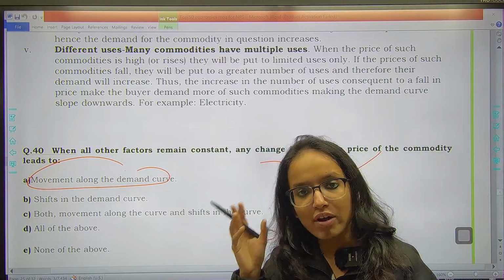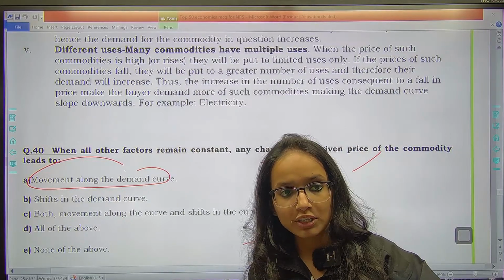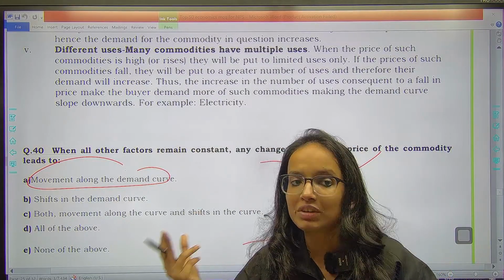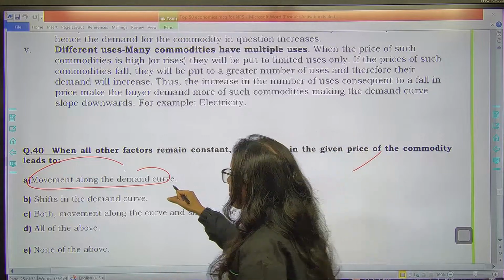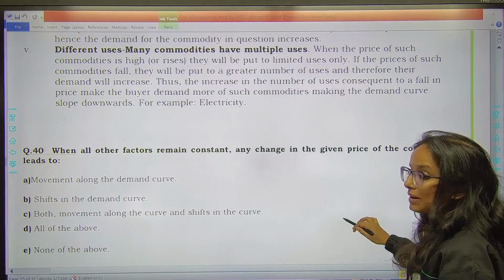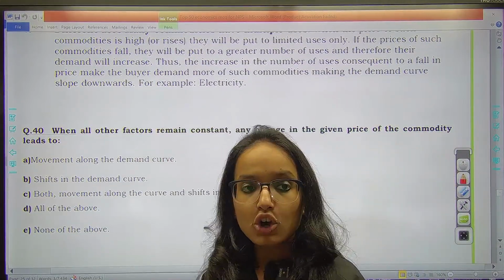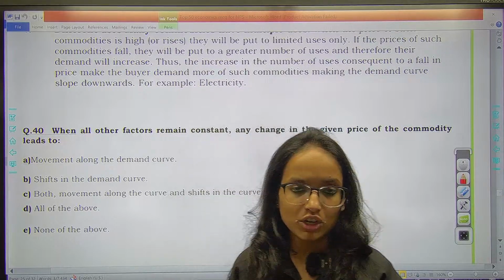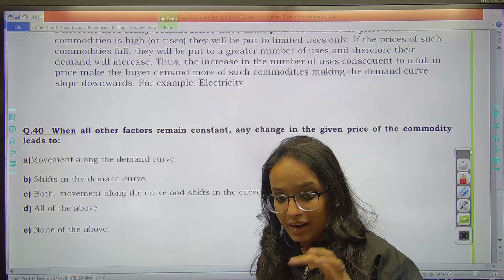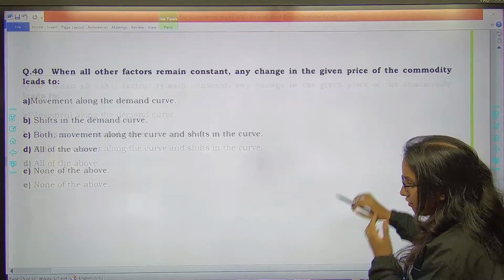Quantity demanded or quantity supplied would change. And when the price of the same commodity remains constant and any other thing changes, that will be a shift in the demand curve, right? So here it will be movement along the demand curve. प्राइस के अलावा, यानी द गिवन कॉमोडिटी की प्राइस के अलावा कुछ भी फैक्टर चेंज होता है, देयर विल बी शिफ्ट. लेकिन सिर्फ प्राइस ऑफ द ओन कॉमोडिटी चेंजेस, इट विल बी मूवमेंट अलोंग द डिमांड कर्व.